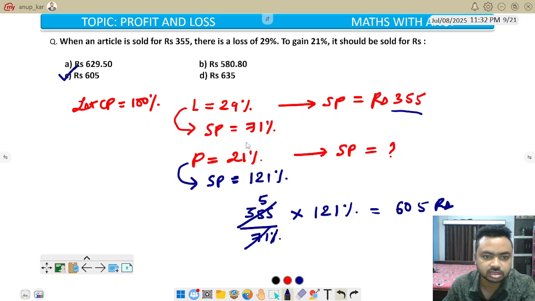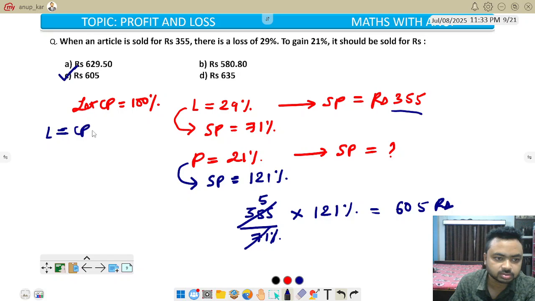I hope this formula is clear. Why am I subtracting in case of loss, and why am I adding in case of profit? Because here it is a basic formula. Whenever there is a loss, it is equivalent to CP minus SP.